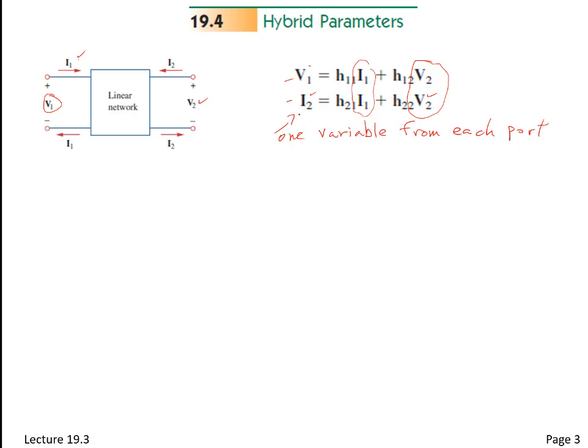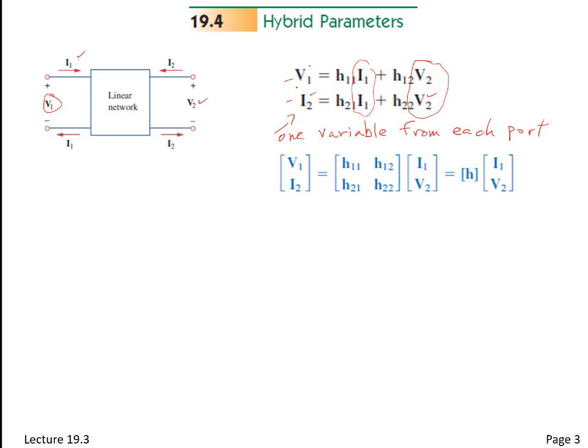Because the structure of those equations is the same as we've been seeing, clearly I can put this in matrix form, just like everything else. Now how am I going to find each one of these?